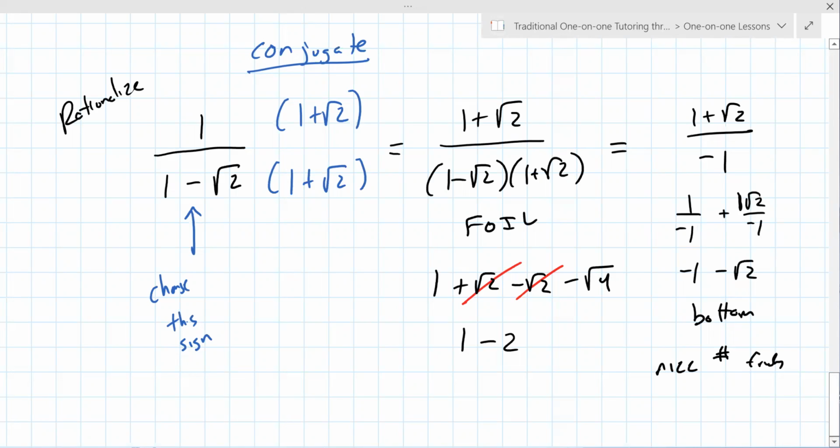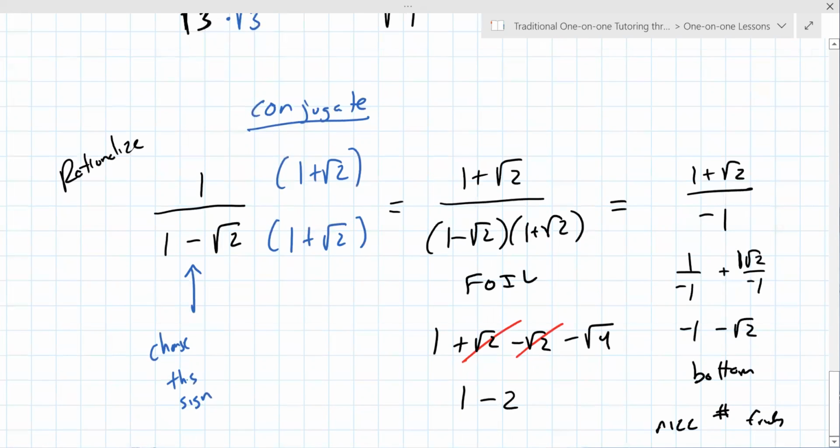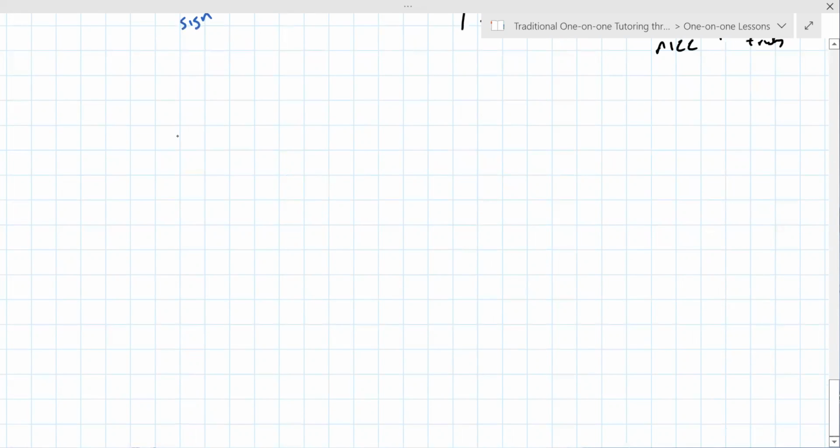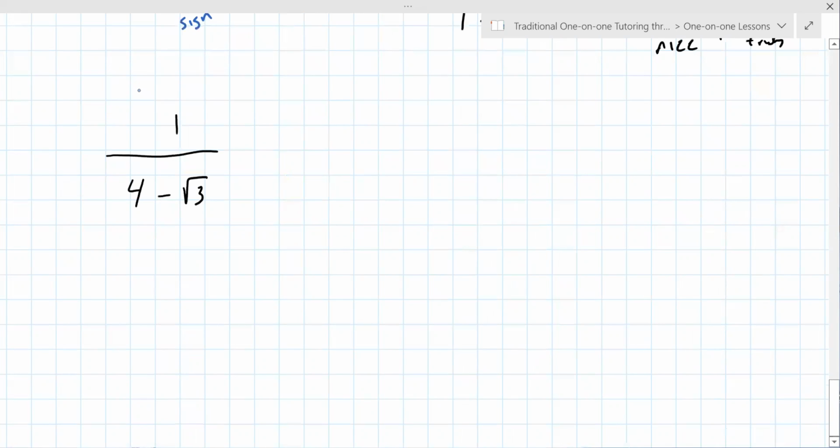Okay, so let me have you look at another one here. Did you get all this down? Yes. Or get it later. Okay, let's say it's 1 over 4 minus the square root of 3. First thing you have to be able to identify is the conjugate.